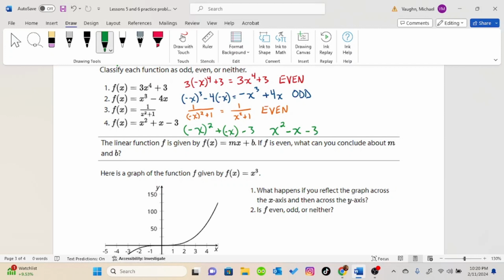The first part, x squared, is the same, but the second part, instead of being plus x, is now minus x. One part of it is the same, one part of it is opposite. Therefore, this is neither. It's not exactly the same, and it's not exactly opposite, so it's not even or odd.